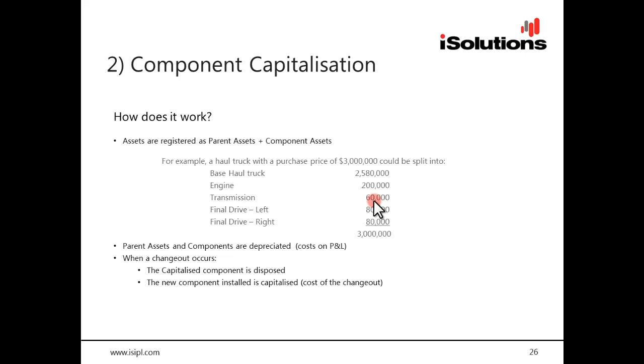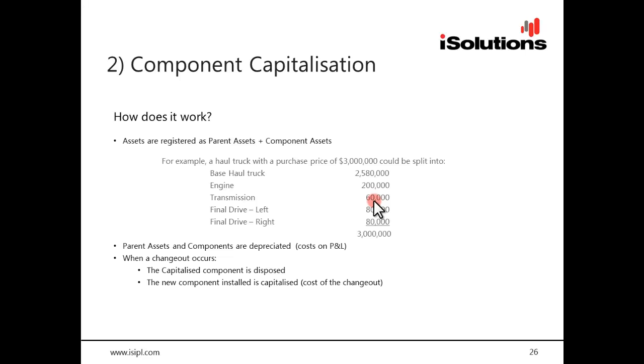When a changeout occurs, say a transmission changeout takes place, you then physically will dispose of that transmission that is in the truck, i.e. you're taking a transmission out. So you dispose of it. You go through the standard processes to dispose of an asset from your asset register.